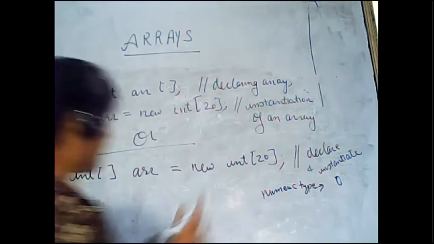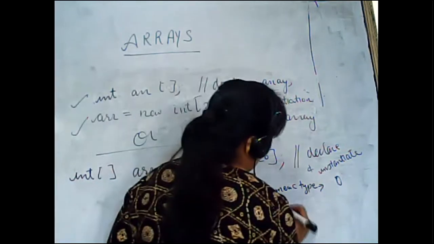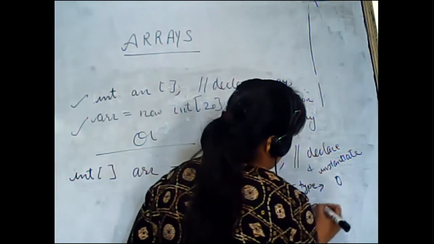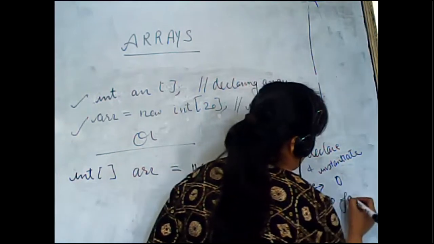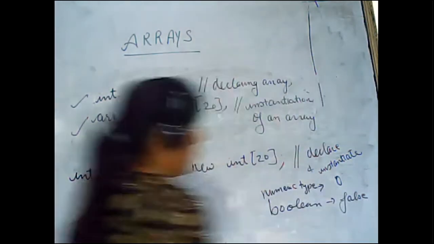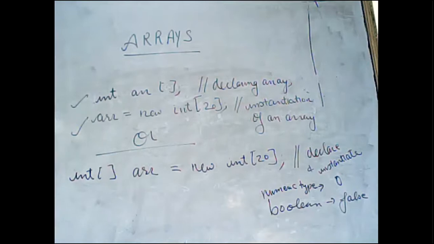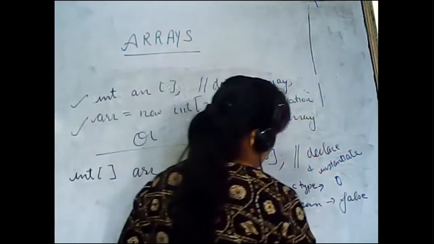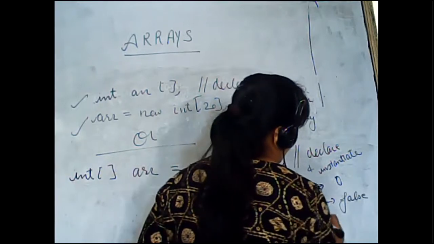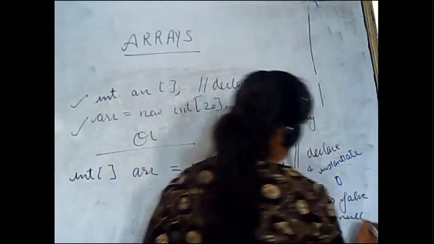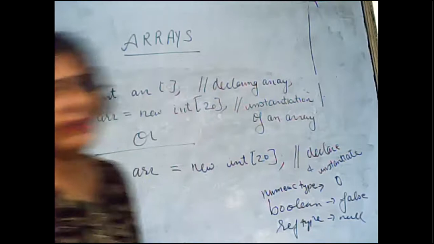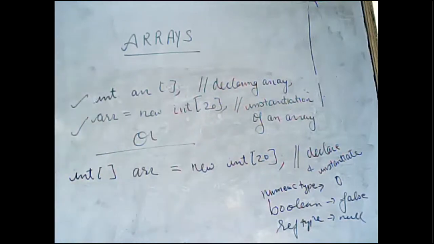And if we are using a Boolean type here, it will initialize itself as false. And null for reference type. If we are using it as a reference type, it will be given a null value.